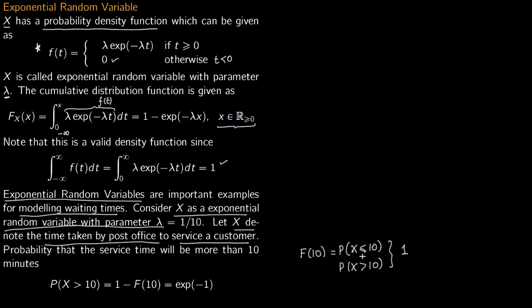It is true for any real number: instead of 10 you could write any real number c. The probability of x less than or equal to c plus the probability of x greater than c will always be 1. Therefore the probability of x greater than 10 is equal to 1 minus f of 10, and for f of 10 you use this formula.